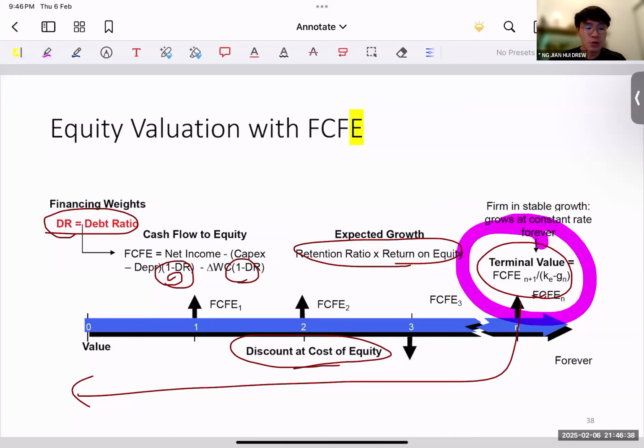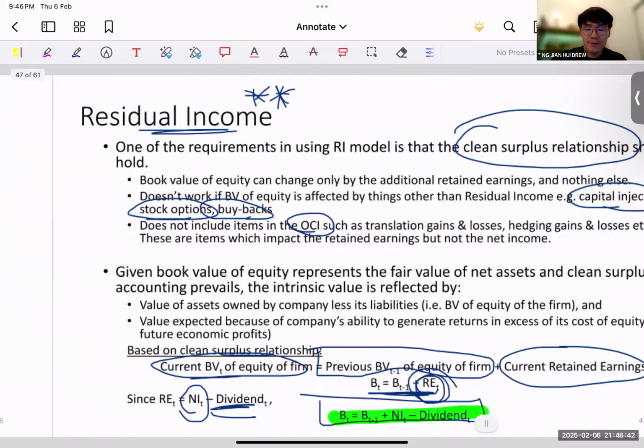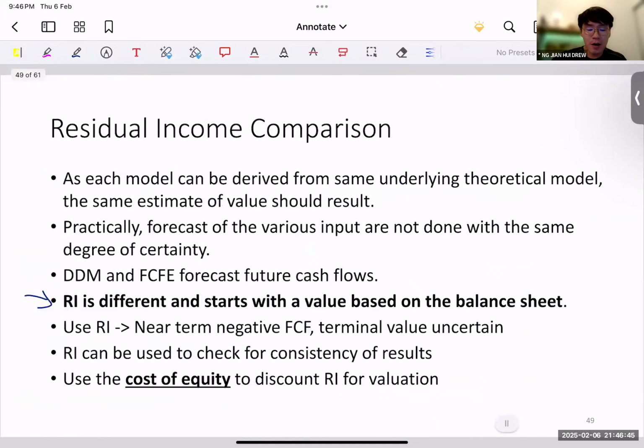The terminal value. So the residual income model flips the valuation in terms of having the larger portion of the initial value based on the balance sheet figure, which is the book value of the equity at B now.